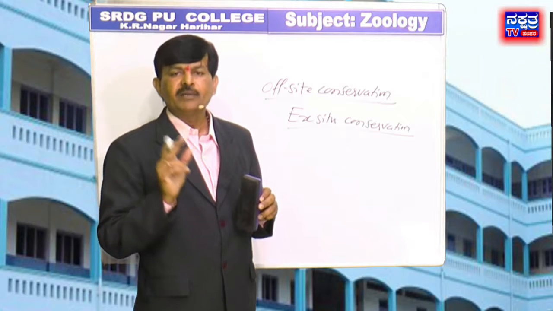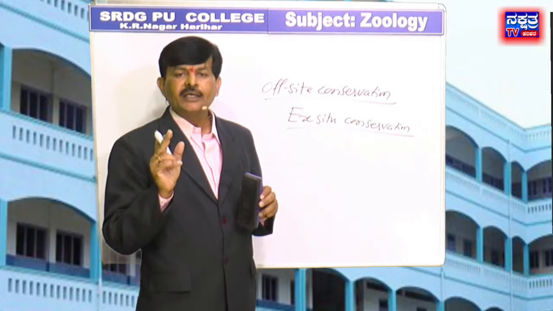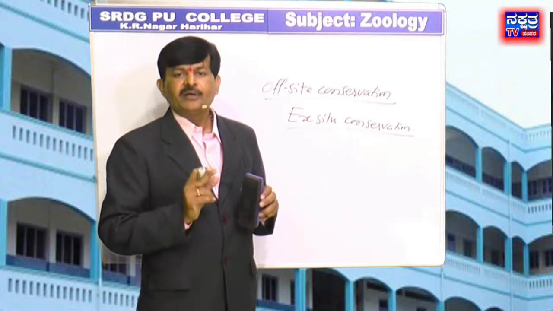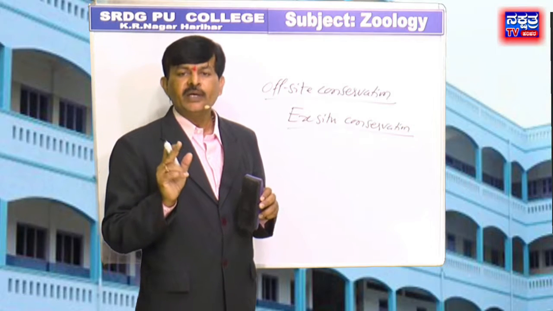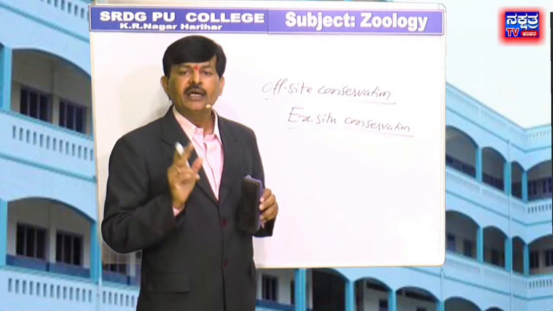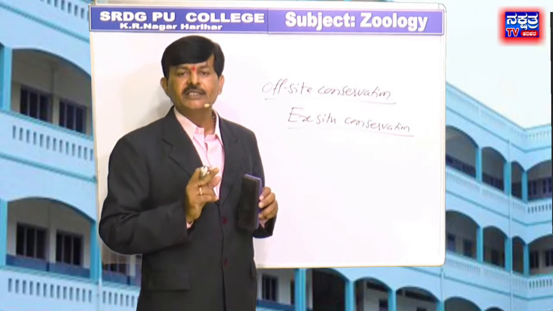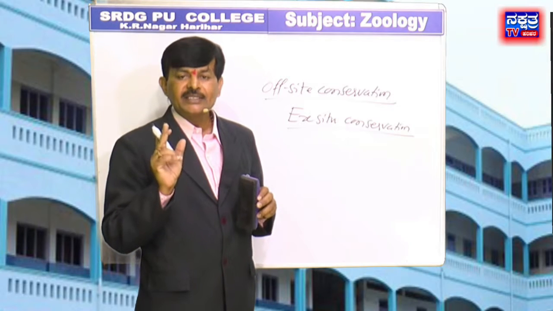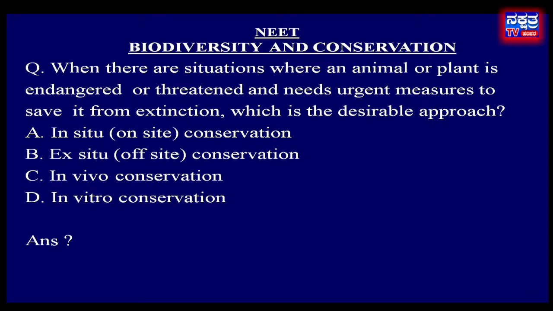Zoological parks, botanical gardens, and wildlife sanctuaries serve these purposes. When an animal or plant is endangered and needs urgent measures to save it from extinction, the method is ex situ. Therefore, option B, ex situ conservation, is the right answer.